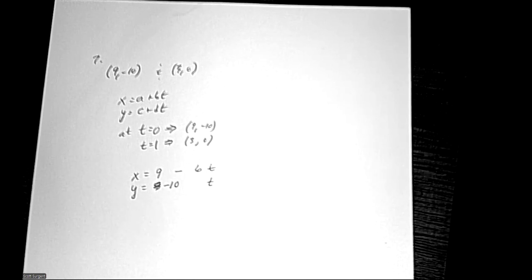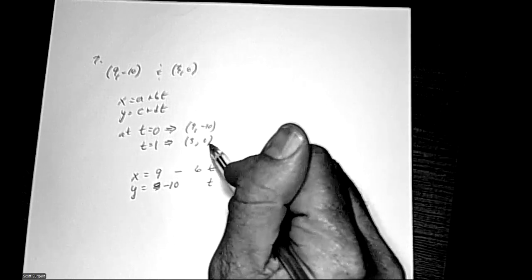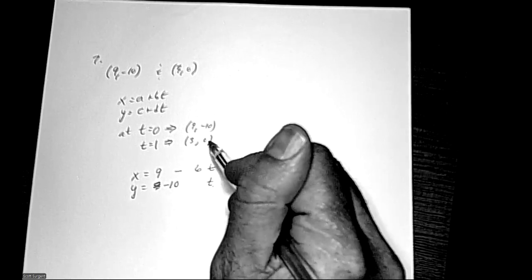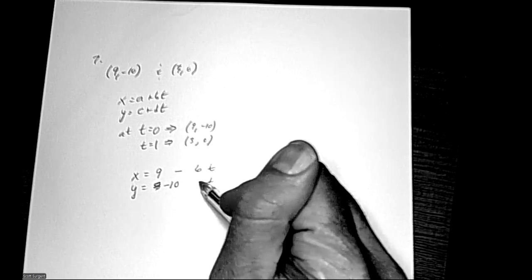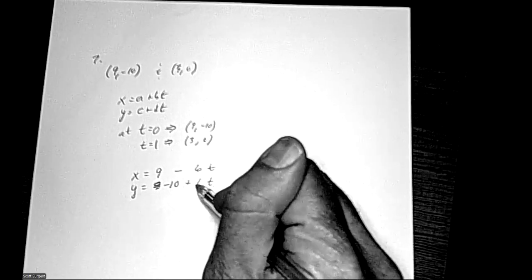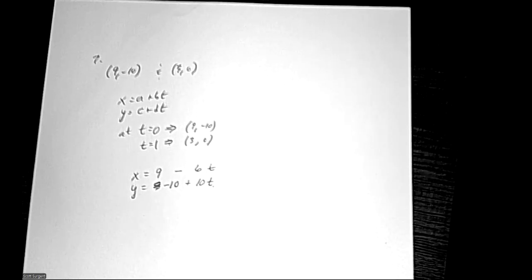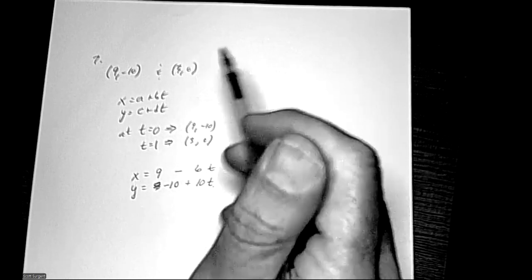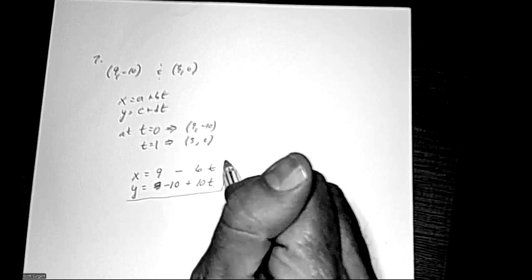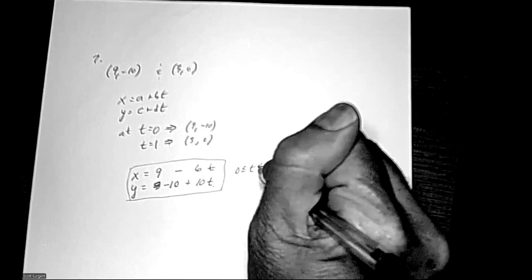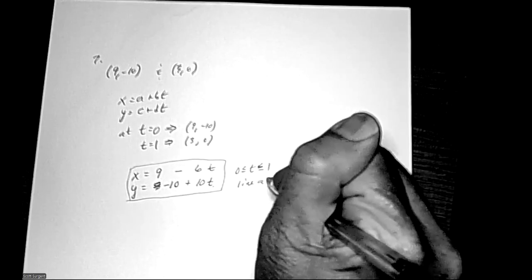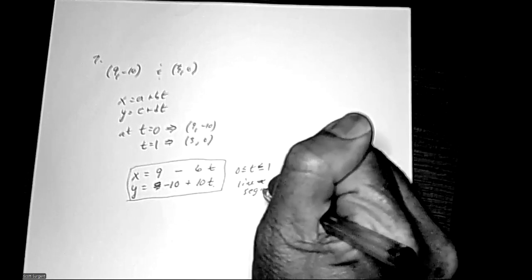So minus 6 will do the trick. And if I put in a 1 for t here, I want to get 0 here. And so I would just simply, plus 10. And that's one way to do it. And there you go. That gives you the parametric equation for a line segment. This is for t between 0 and 1, this is a line segment.